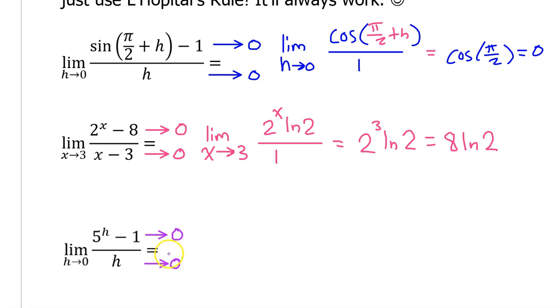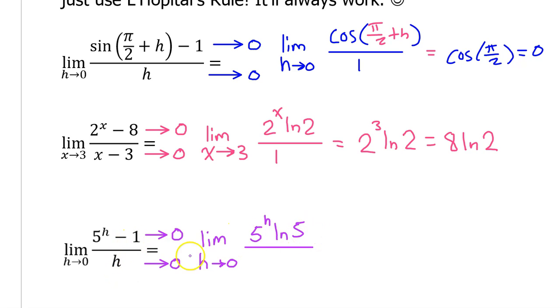Now, according to L'Hopital's rule, we can take the derivative of the numerator and the derivative of the denominator without changing the limit. The derivative of 5 to the h power is 5 to the h power times the natural log of 5. The derivative of 1 is 0, so that's it for the numerator.